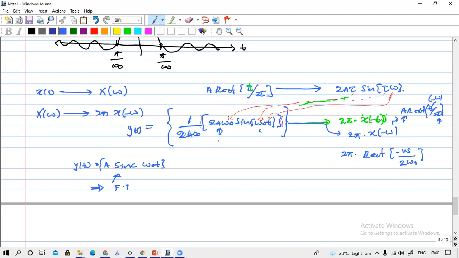If our signal amplitude were b, we would have to put b here, not a, but the given signal amplitude is a. So we can put a directly here. So we get this signal 2πa rect minus omega 2 omega naught.